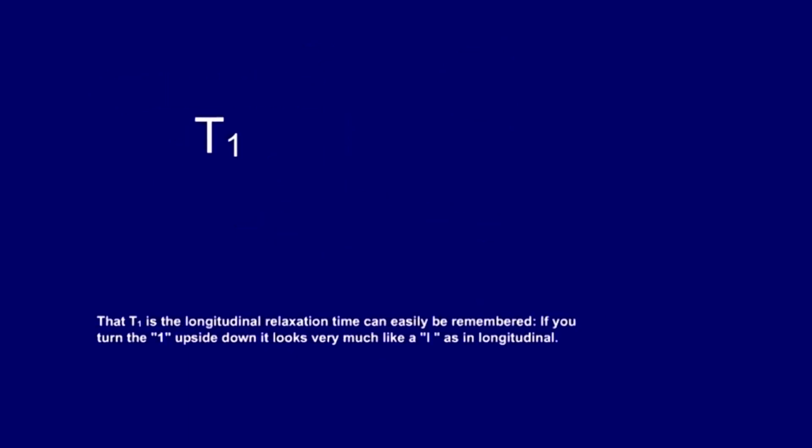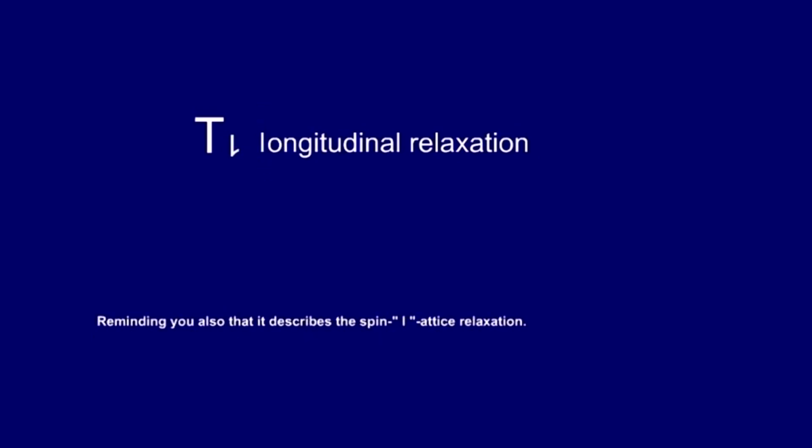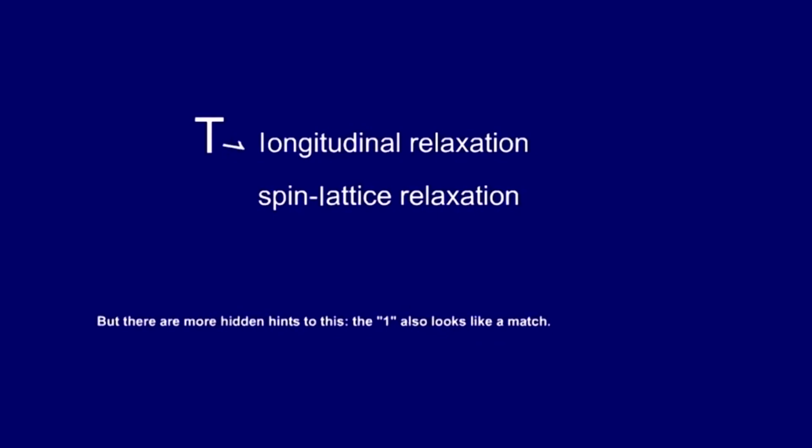That T1 is the longitudinal relaxation time can easily be remembered. If you turn the 1 upside down, it looks very much like an L as in longitudinal, reminding you also that it describes the spin-lattice relaxation. But there are more hidden hints to this.